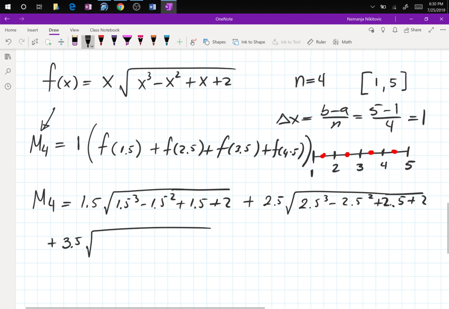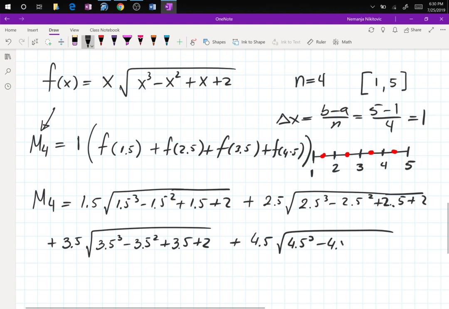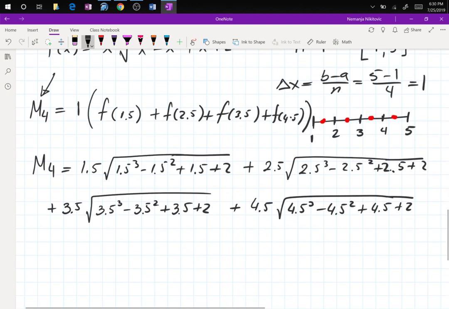We'll be talking trapezoid rule by now. 3.5 cubed minus 3.5 squared plus 3.5 plus 2. And then finally 4.5, kill me now, of 4.5 cubed minus 4.5 squared plus 4.5 plus 2 equals a number. There you go. See? I can solve these things quickly.